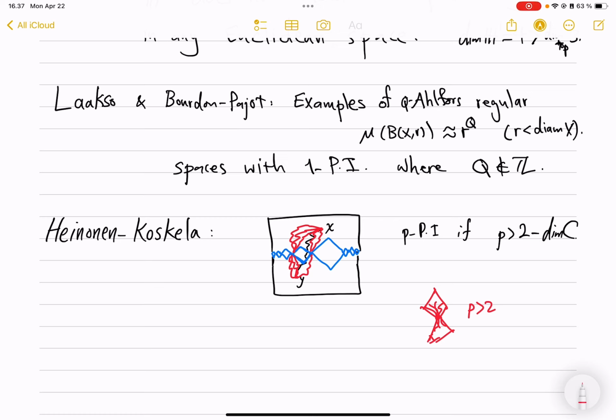And the volume loss is not as severe as the example with one point. And that improves the Poincare inequality a little bit, so you get from bigger than 2 to bigger than 2 minus something. And this is sharp. You cannot do better than that.